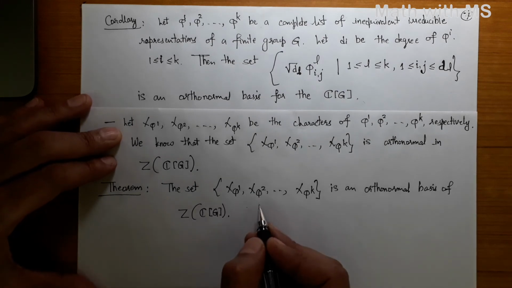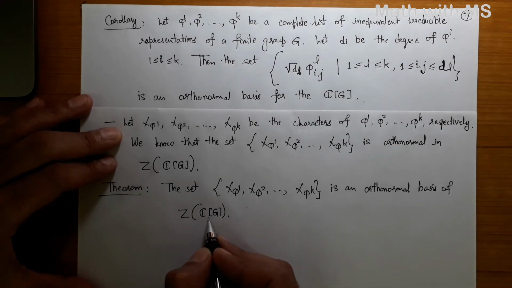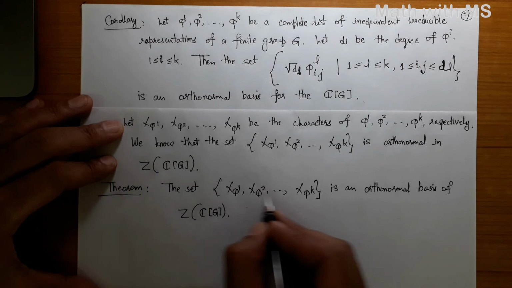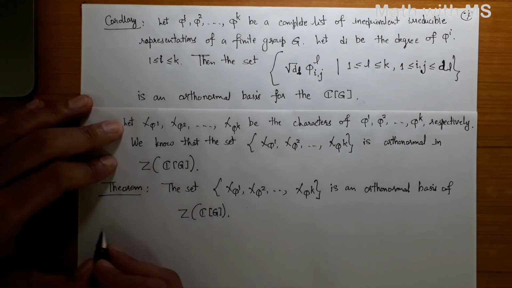It suffices to show that it spans ZCG, that is, any class preserving function in ZCG can be written as a linear combination of these characters. So let's prove it.